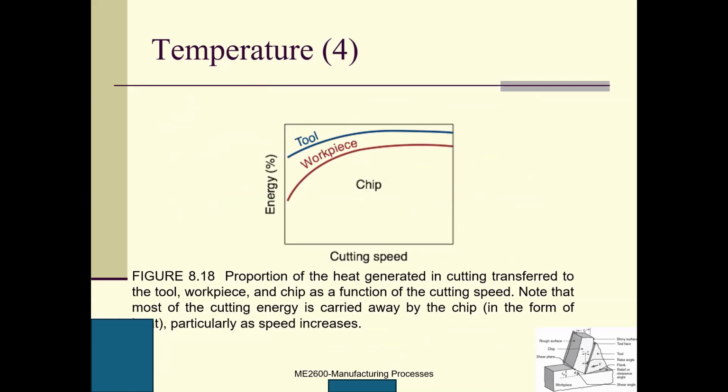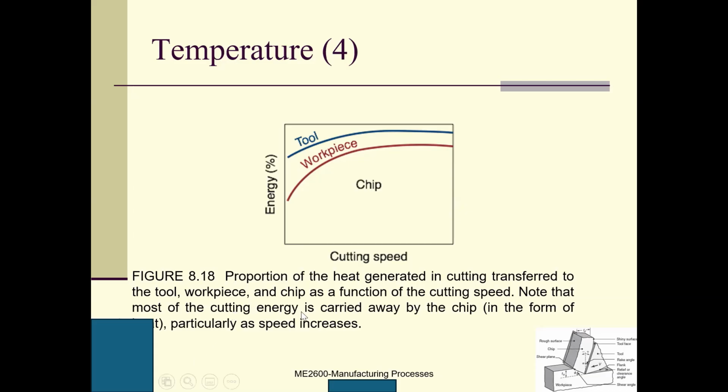So this is our tool, this is the workpiece, and this is the chip. Based on different cutting speeds, the distribution of these three parts is changing. So this is the energy distribution.